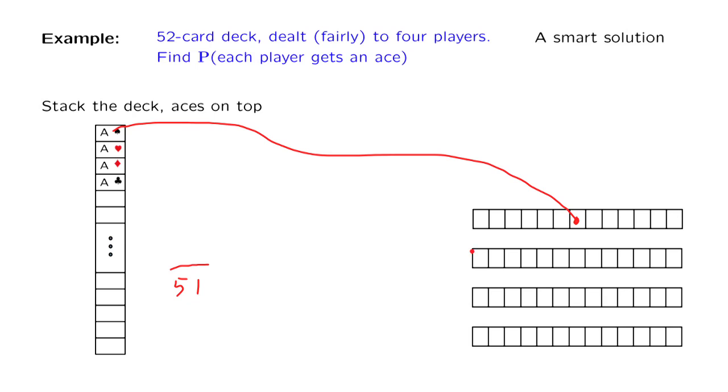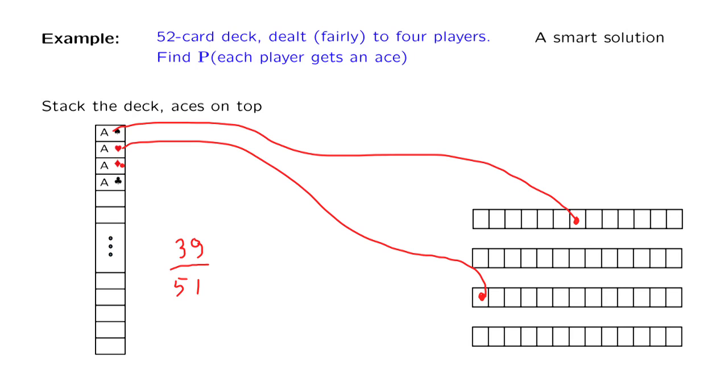And out of those 51, we have 39 of them that belong to people who do not yet have an ace. So this is the probability that the ace of hearts gets placed into a slot that belongs to a person who is different than the person who got the first ace. Now let us consider this ace.